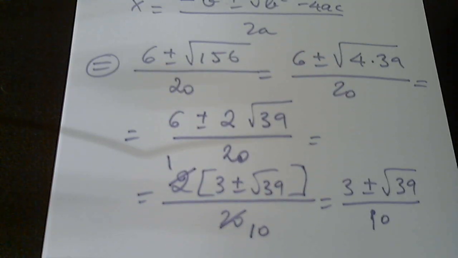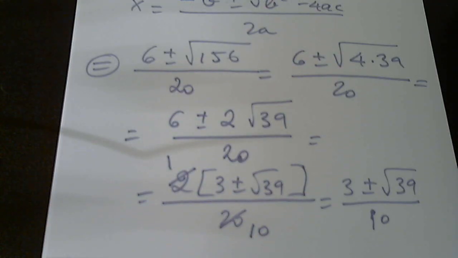Lolly, is this okay? Yes. All the steps are clear? Yes, I was stuck at that 156 because I was trying to figure out how to get 39. So remember, because it's an even number, 156 divided by 2, it's still an even number, and divide by 2. 39 is not a prime number, but it's only 3 times 13, and 3 is not a perfect square, 13 is not a perfect square, so I have to stop at 39.